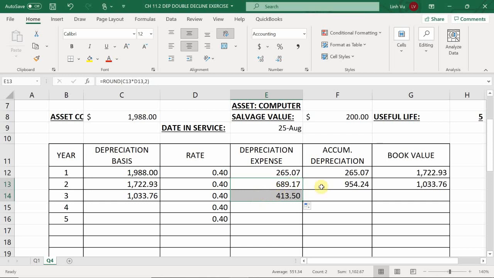Okay, good. Remember, it's 1033.76 times 0.4.